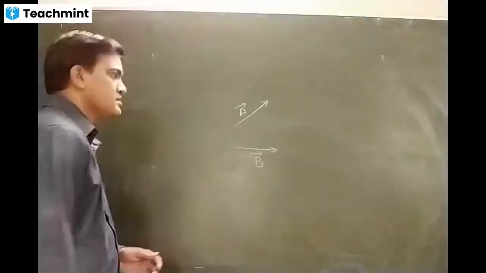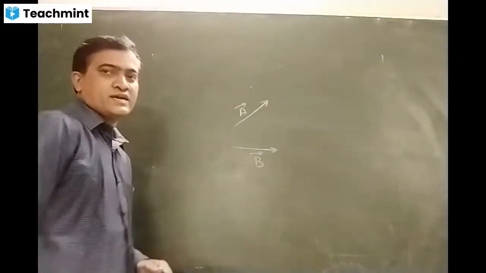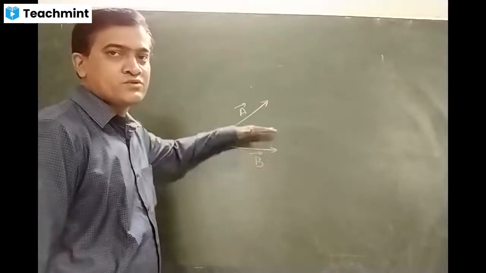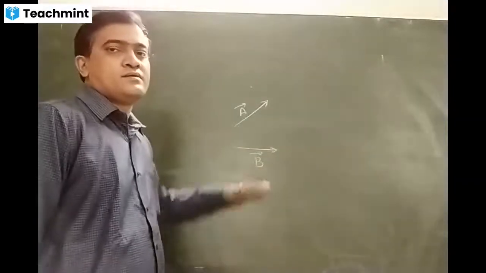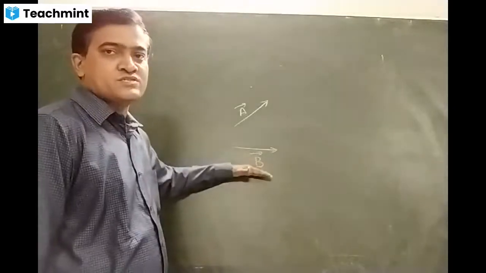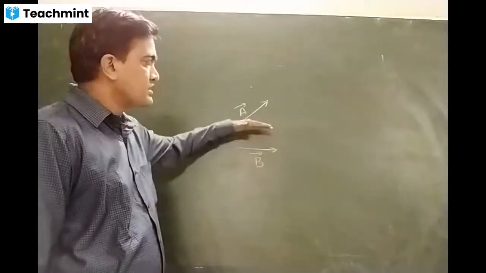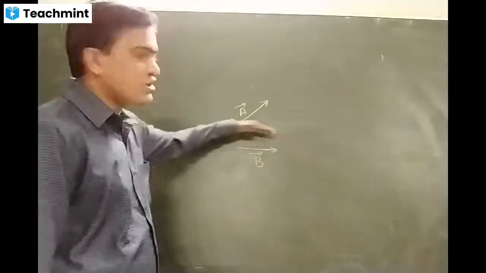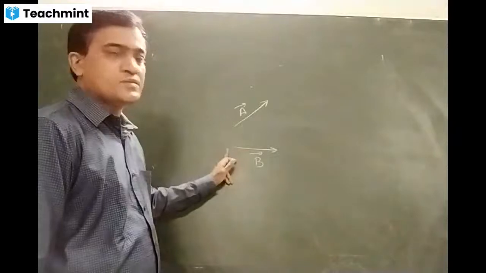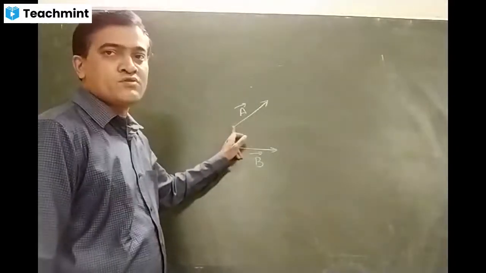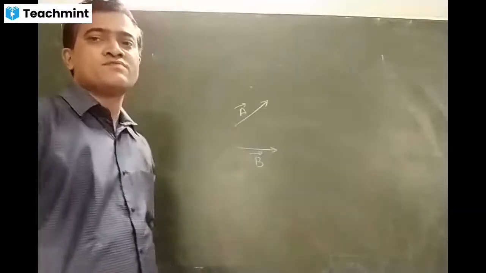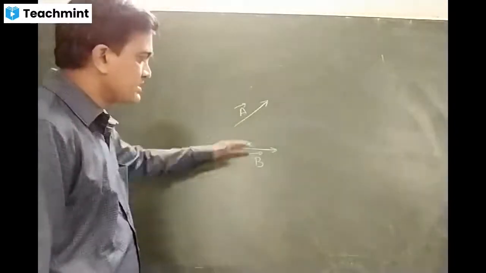That means here, what I will do is slide vector B parallel to itself. Already we have discussed this, right? So I can slide this vector B parallel to itself and join it in such a way that the tail of vector B coincides with the tail of vector A. Now, can I move this?